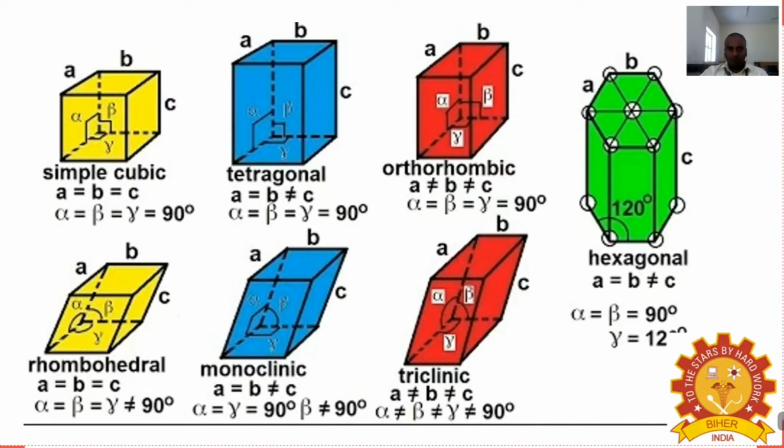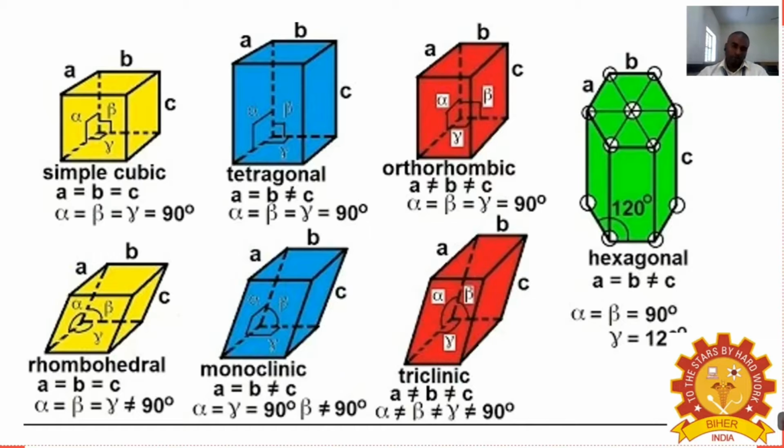When we go to the monoclinic structure, the length of A is equal to B, but the length of C is not equal to A and B. This is similar to tetragonal. Here A is equal to B, but A and B are not equal to C. The same condition applies here, but the difference between tetragonal and monoclinic is the angle change.